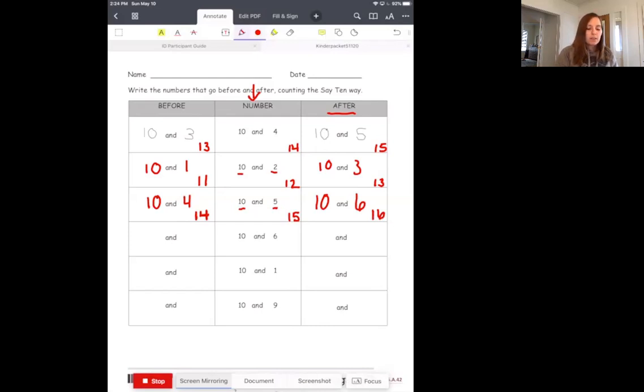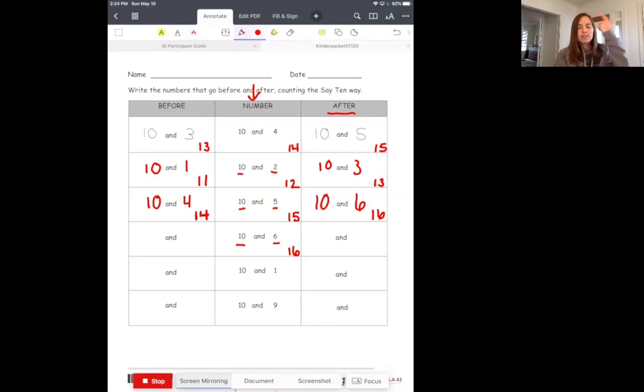Look back in the middle, 10 and 6. So go ahead and write that number right in your corner. One group of 10 and 6 ones. What number is that? 16. All right, so now we need to write the number that comes before 16.